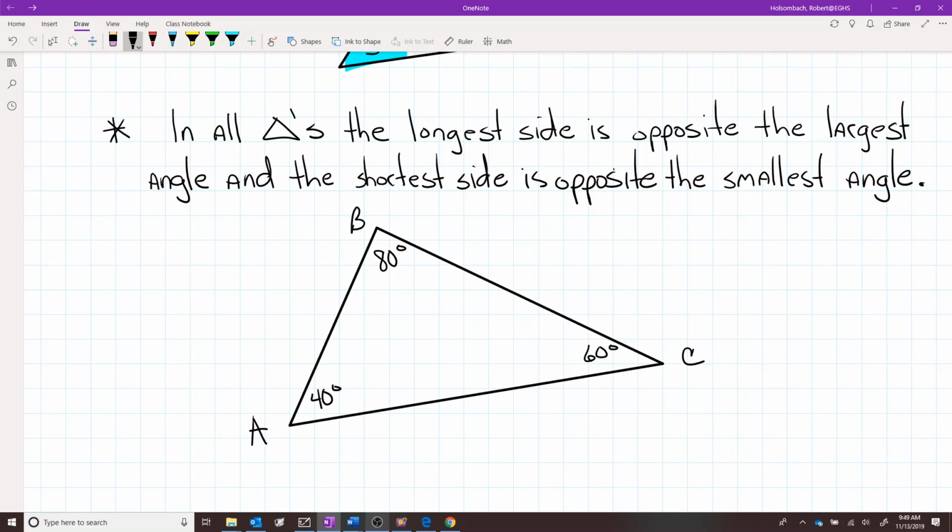And we are going to order the sides from smallest, and let's check that. Let's call it shortest, just to stay consistent with the definition, to longest.